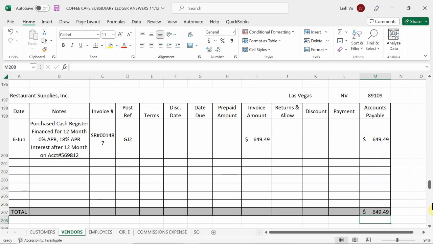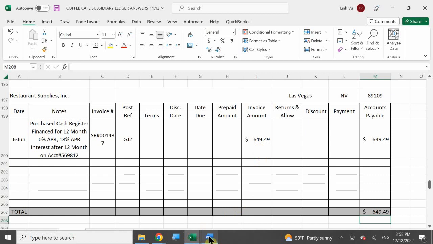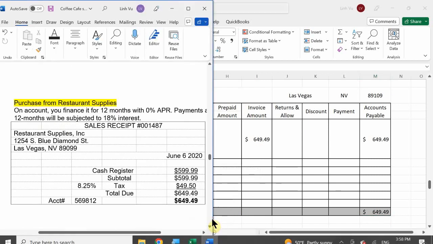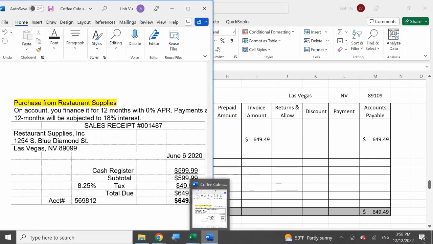Right now, I'm just entering what I owe for this particular invoice, or in this case, the sales receipt. So I know for a fact that I owe on an account, and that should be it for that transaction.